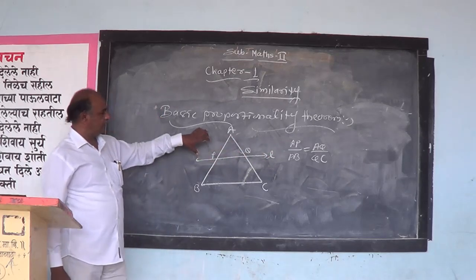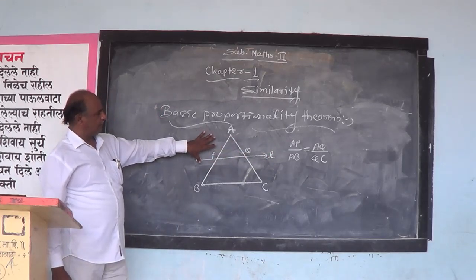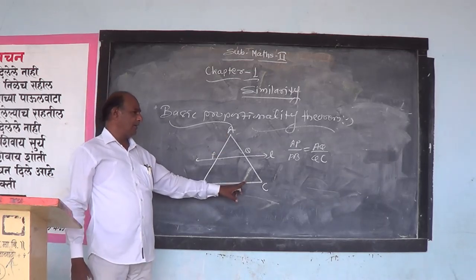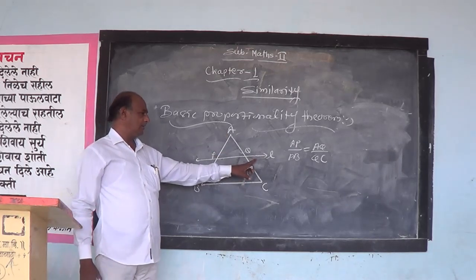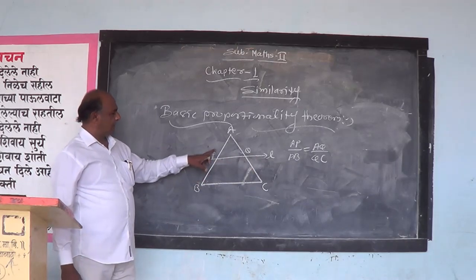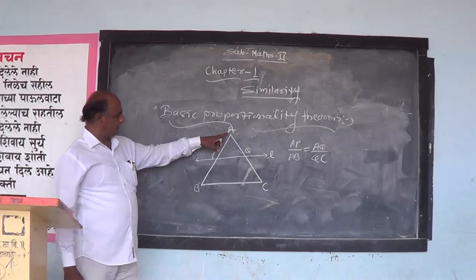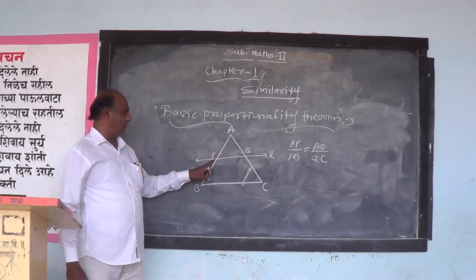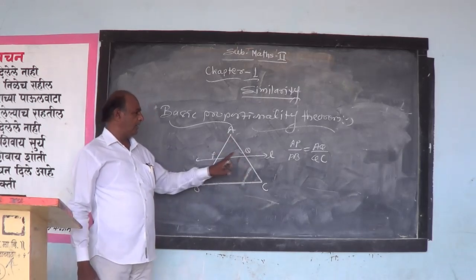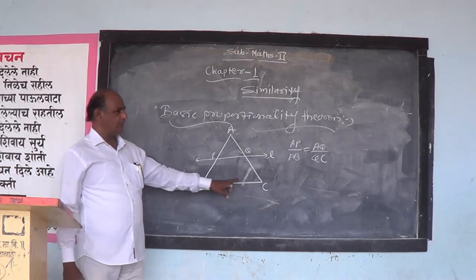Now on the blackboard, we are given triangle ABC and line L in the plane of triangle ABC. This line L intersects side AB in point P and side AC in point Q, and line L is parallel to side BC.